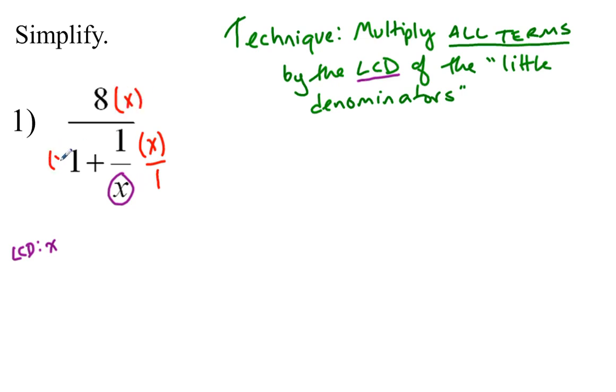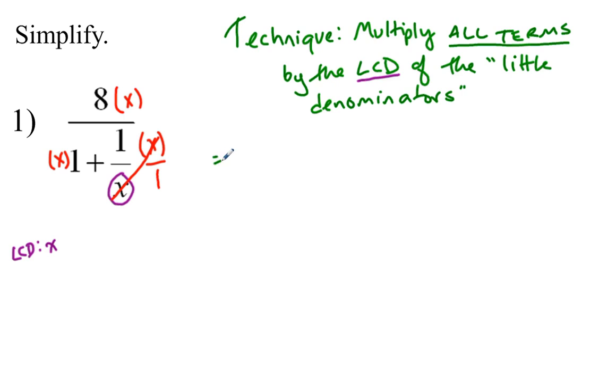All terms by x. Right? So if I'm multiplying just by a non-fraction, I just put it next to the x. If I'm multiplying it by a fraction, I write x over 1. The cool thing is, those x's divide out. And that was the whole point, right? I wanted my x's to divide out so I wouldn't have any complex fraction. So let's rewrite what's left.